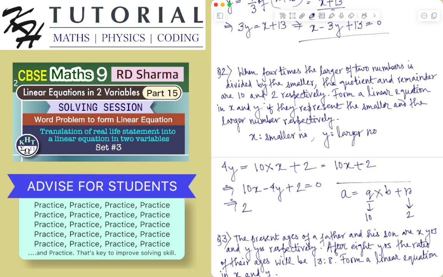So I can factor out 2 from the LHS and I will have 2 into 5x minus 2y plus 1 is equal to 0, and then I can divide both the LHS and RHS by 2 and I will have the equation 5x minus 2y plus 1 is equal to 0. So this should be the linear equation in the variables x and y, where x was the smaller number and y is the larger number.